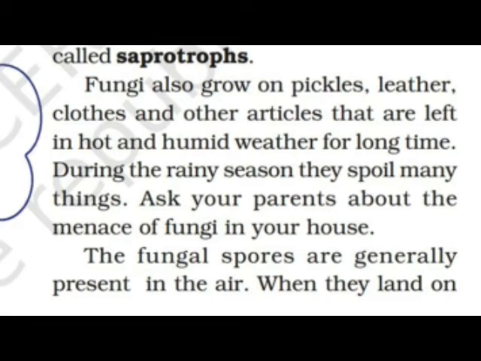Now one question must be in your mind: from where does this fungus come, how do they develop on decaying matter, on the bread, on the pickles, on the leather cloths, and other objects, and why do they grow mostly in the rainy season?